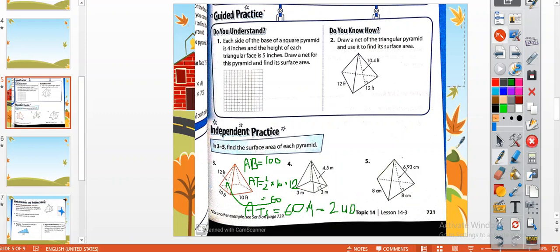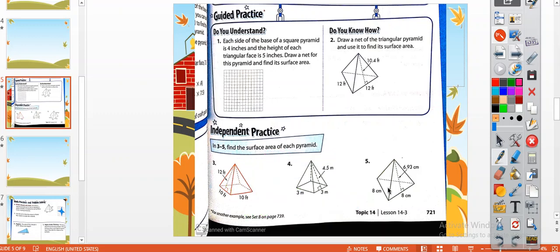Then, as you can see, we found the area of the base, which is 100, and the area of the triangular faces. You just add them together, you will get 340 square feet. Well, this is the area of the square pyramid.